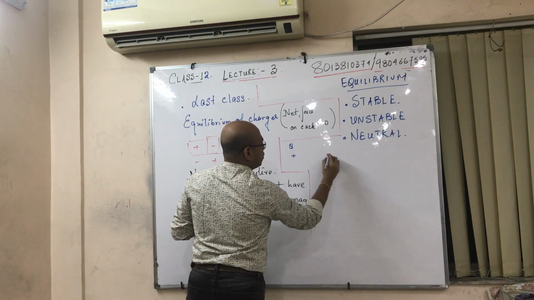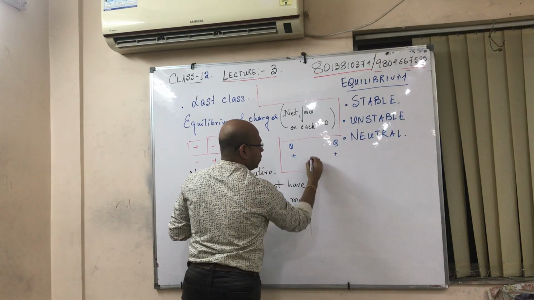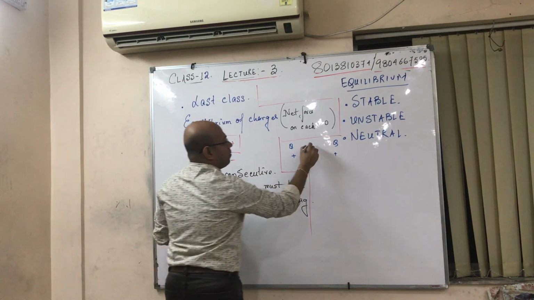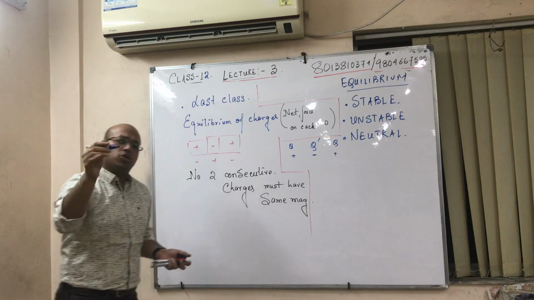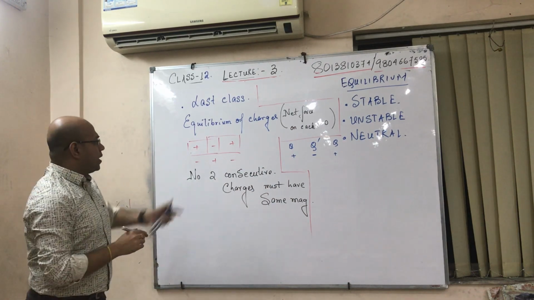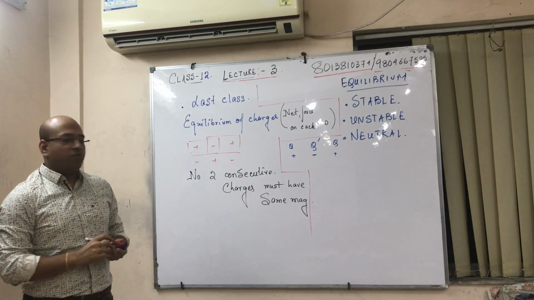Let's say this is plus q and this is plus q, and in between we have a minus q dash. Let us assume that this is in equilibrium. So what is the value of q dash?